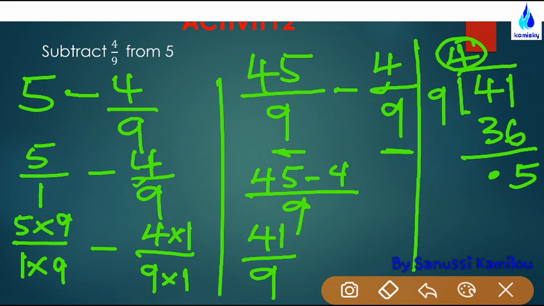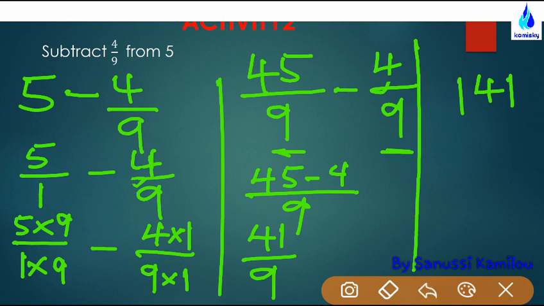And then we shall continue with the division by doing 5 divided by 9. So that will be our answer. Our answer will be 4, which is the whole number, and then 5 over 9.